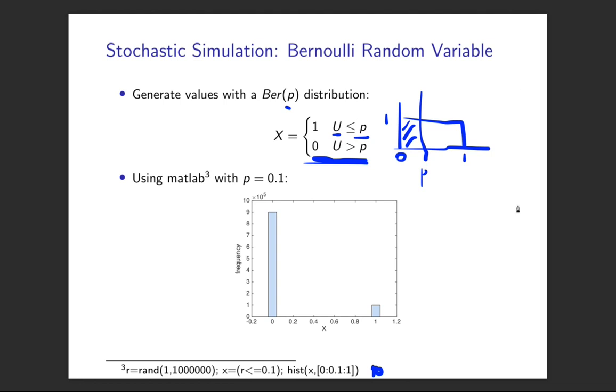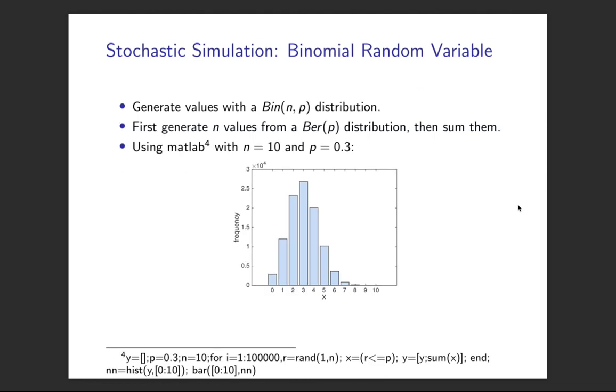Once we've got Bernoulli random variables, of course, we can get binomial random variables just by taking a collection of Bernoulli ones and adding them up. So here's the code for doing that. We generate n random numbers, and take x equal to 1 if they're less than or equal to p, and 0 otherwise.